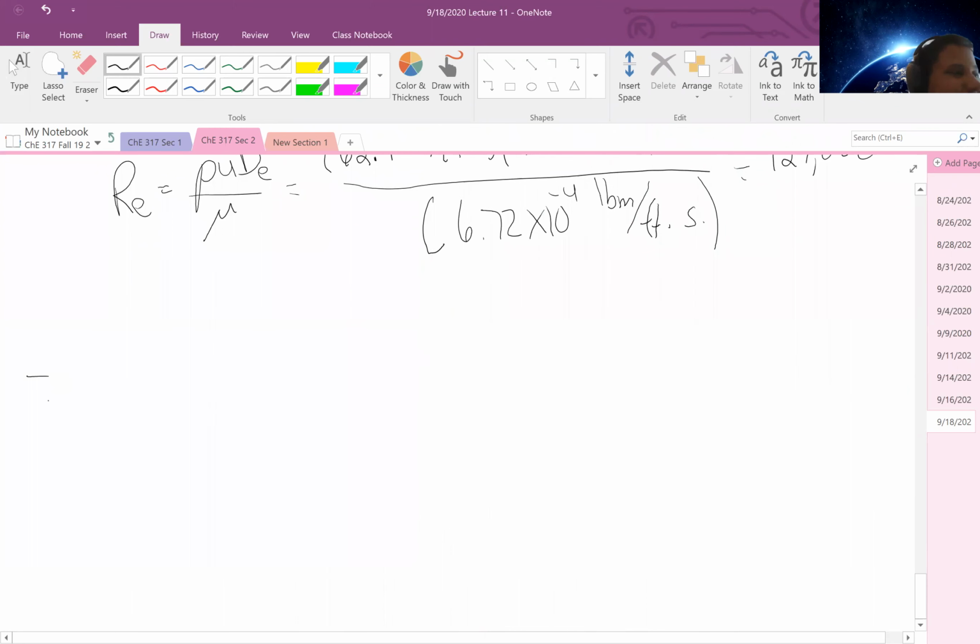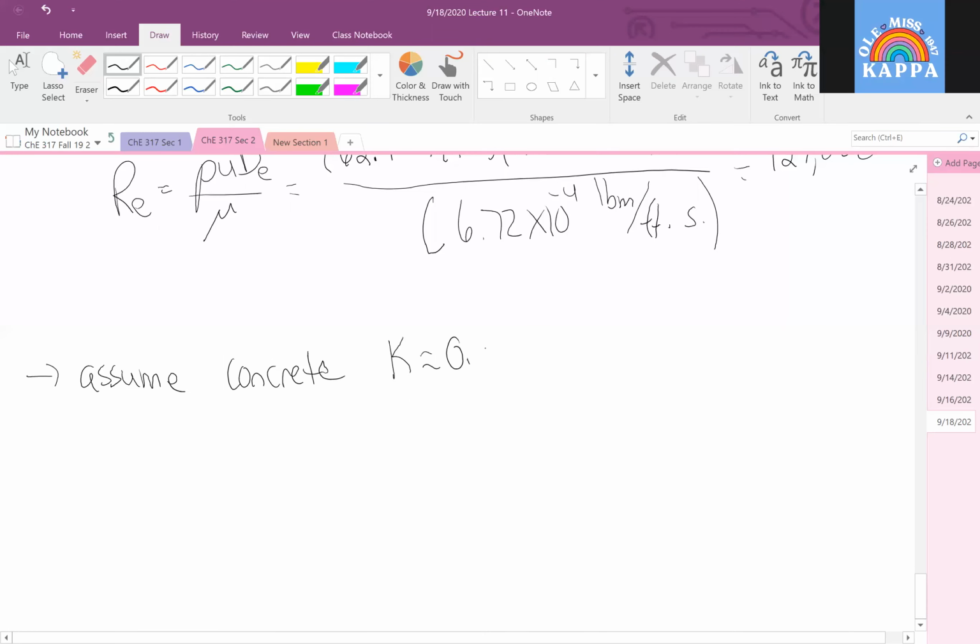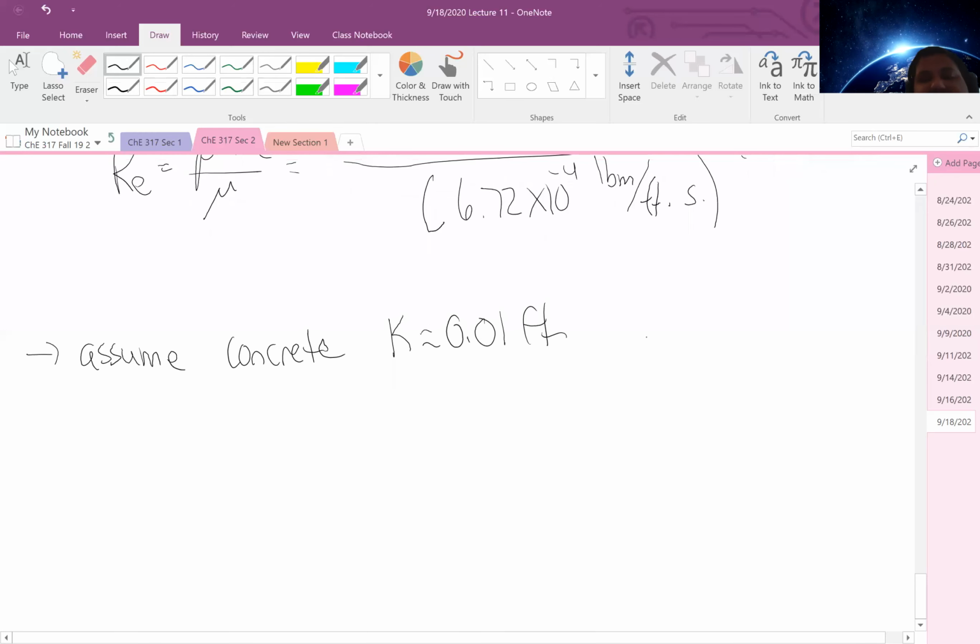They just sell concrete and concrete accessories. So what I would assume is concrete with a K value of approximately 0.01 feet. Let's just do worst case scenario. So my K over D value would be pretty high. So 0.01 divided by, so 4.8 feet was my D, 0.002.